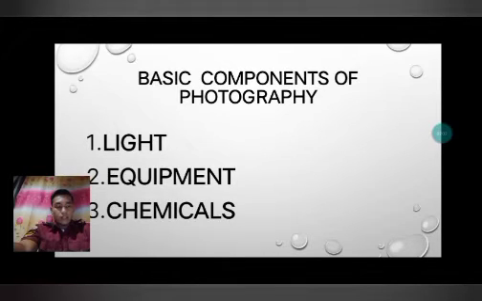The halides that are often used are chlorine, bromine, and iodine, although bromine is the most common. So those are the three basic components of photography. Let's go on to the next page.